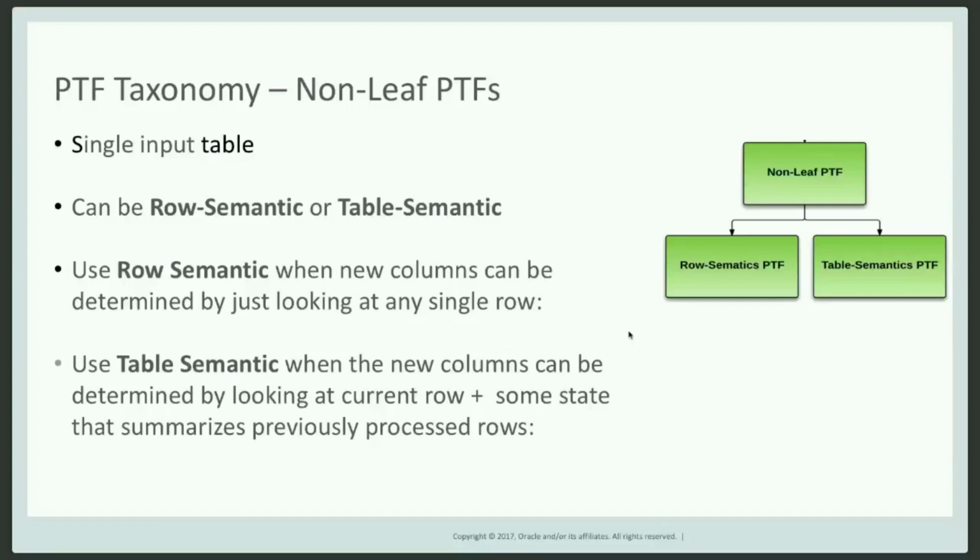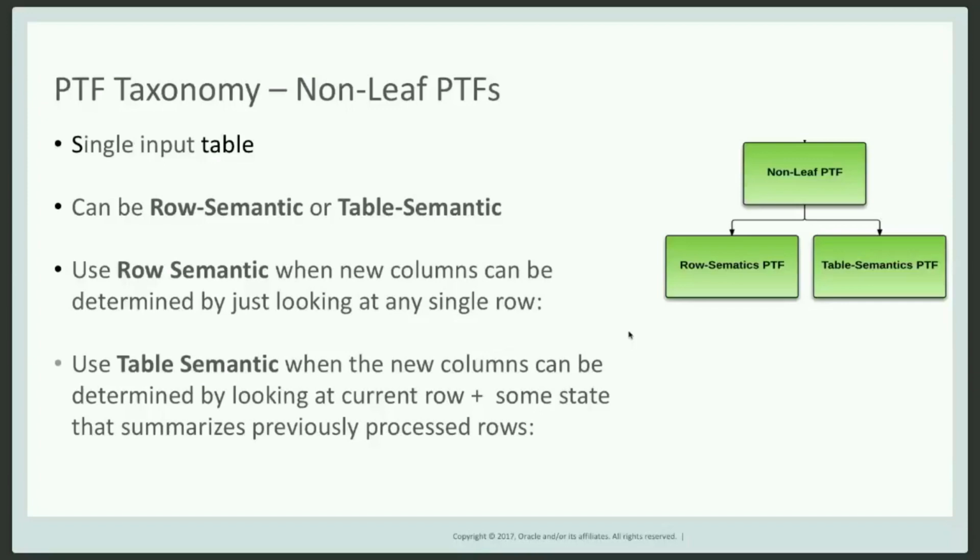At this point, having input a single table, we can either be row or table semantic. If you want to add new columns, and you can do that by just looking at a single row, and we'll look at an example of this in a minute. So let's say I have a very, very simple PTF. I've got my employee table, and all I want to do is duplicate their department.